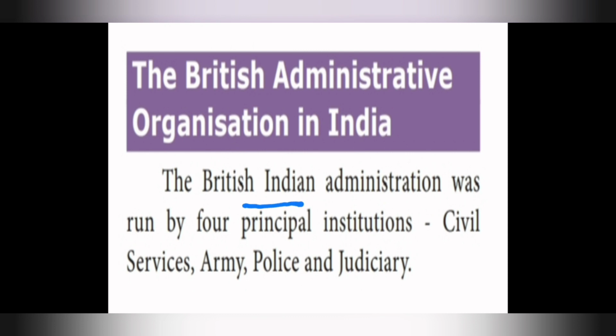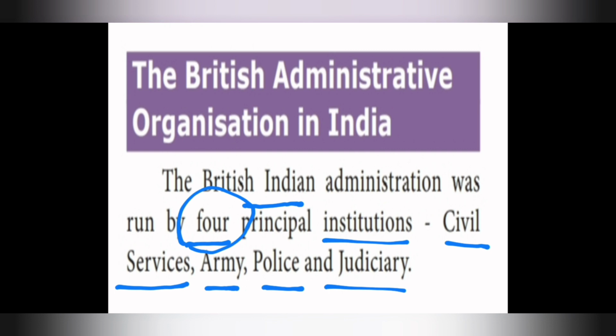The British Indian administration was run by four principal institutions: civil service, army, police and judiciary. We are going to see all these four institutions in brief now.